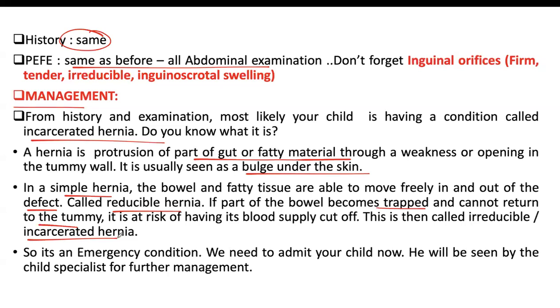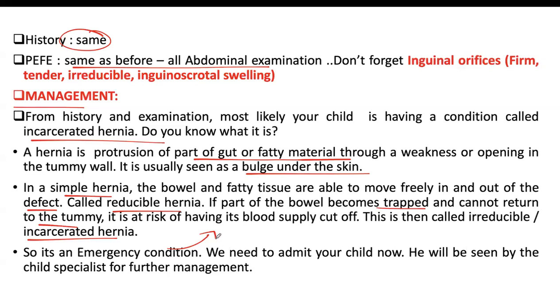Jenny, it is an emergency condition because, left untreated, this part of the bowel, which is still trapped in this area, is no longer getting any blood supply. Then without blood supply, this part of the bowel can become irreversibly damaged. Sometimes it can even perforate, and your child can have a serious life-threatening complication out of it.